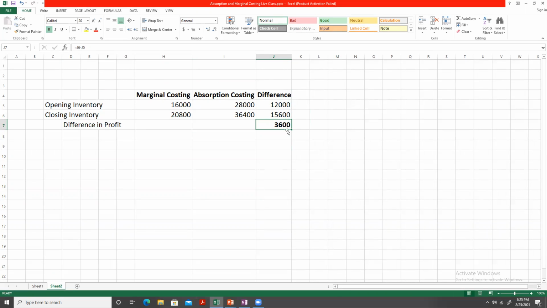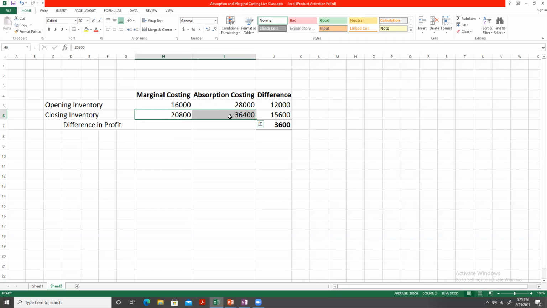Now the question arises whether the profit in absorption costing will be higher, or whether the profit in marginal costing will be higher. Under which of these two approaches will the profit figure be higher? As we can see from these figures, the inventory level is increasing because the closing inventory is higher than the opening inventory, for both marginal costing and absorption costing.